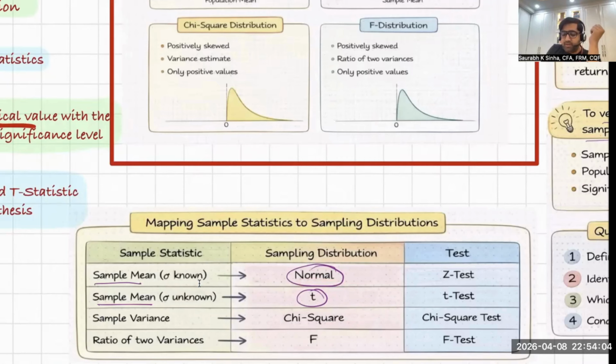If the population variance is unknown, you will use t distribution. Or if the sample size is large, you will use normal distribution. If the sample size is small, 20, 25, less than 30, you will use t distribution. So use t distribution when population variance is unknown or sample size is small.